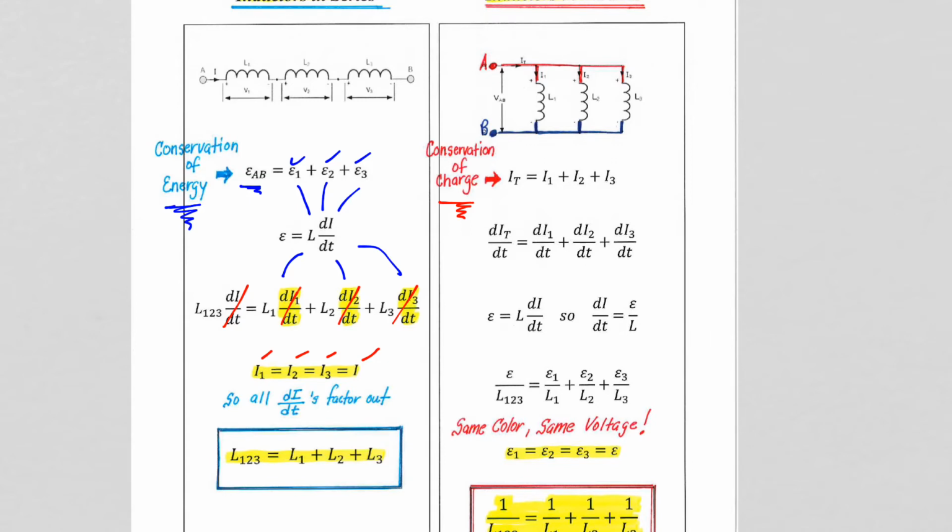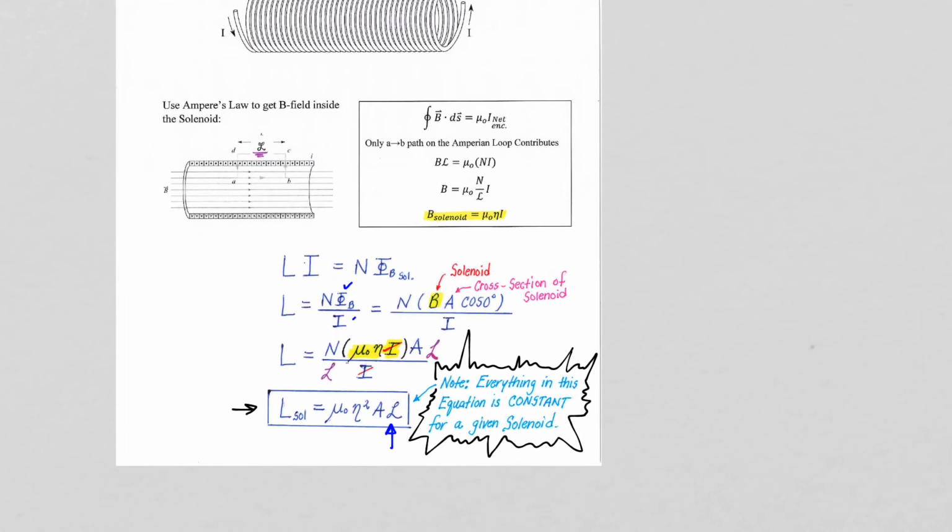for inductors in series they also add. And if we think about it, that really shouldn't be surprising to us, because look at our last page of notes. We saw that the inductance was directly proportional to the length of the solenoid. So the longer the solenoid, the greater the self-inductance value.